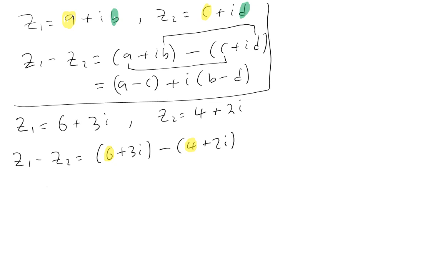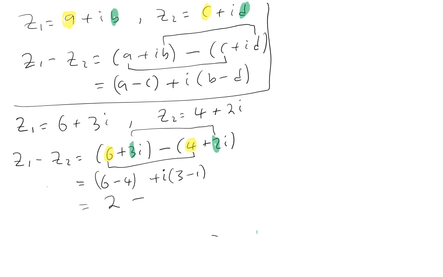The imaginary parts are 3 and 2. Then subtracting this, we subtract the real parts, 6 minus 4, plus, we then subtract the imaginary parts, 3 minus 2. We place i here. 6 minus 4 is 2 plus i, 3 minus 2 is 1. This is 2 plus i1, which we can write as 2 plus i.